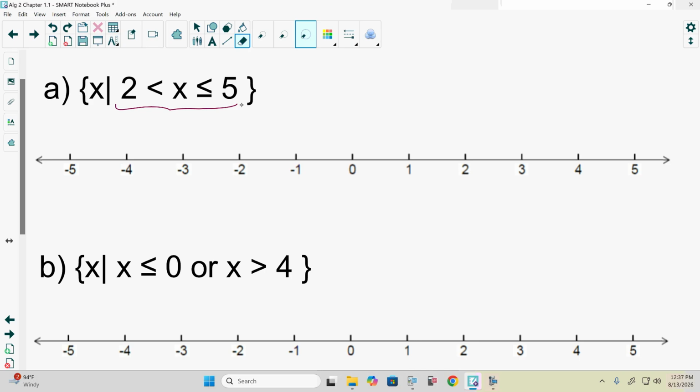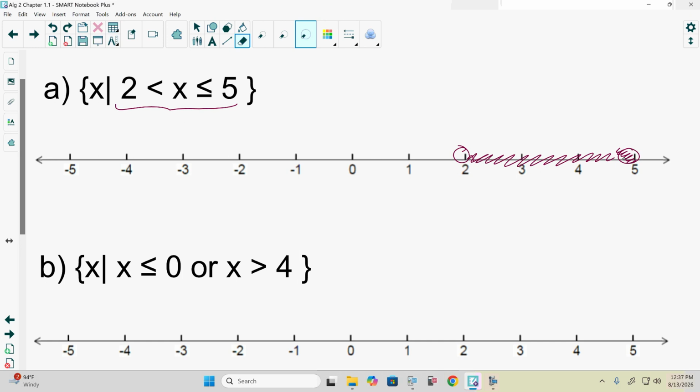this. So where are our endpoints? Is one or both or neither included? Which one? 5 is included, so we would put in. Because x is in the middle, we shade in the middle.